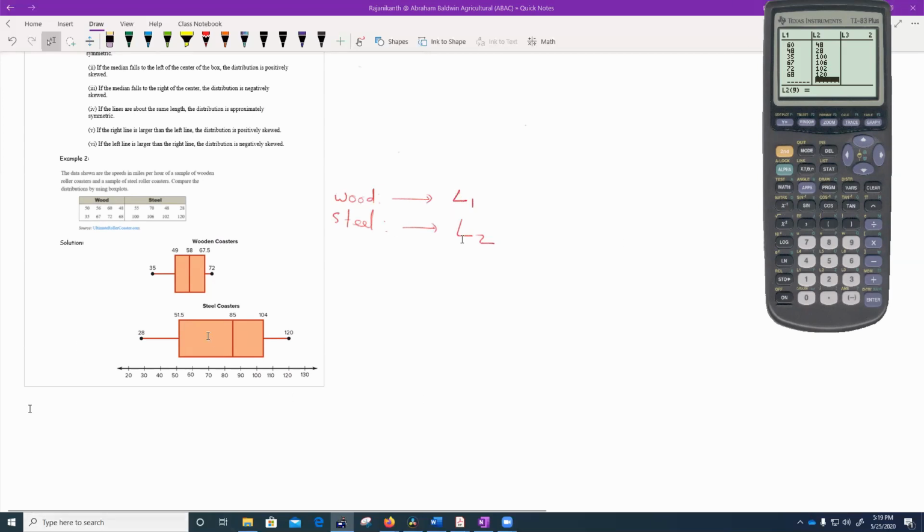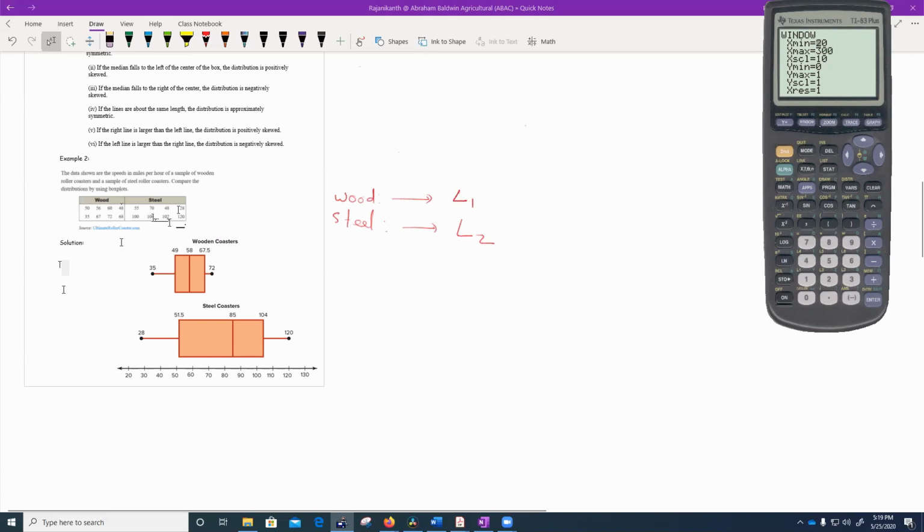Okay, now the next step is to set the window. If you look at both data sets, you need to check both. The smallest value among the two is 28, so let me make that 20 for X min.